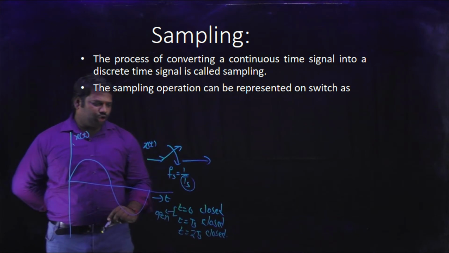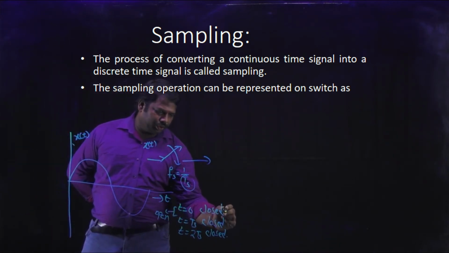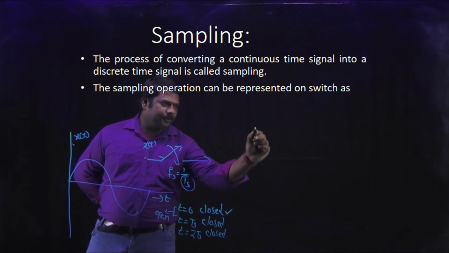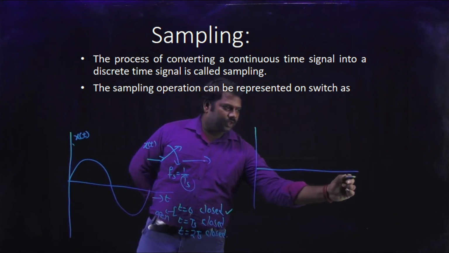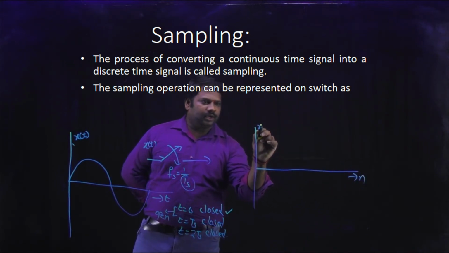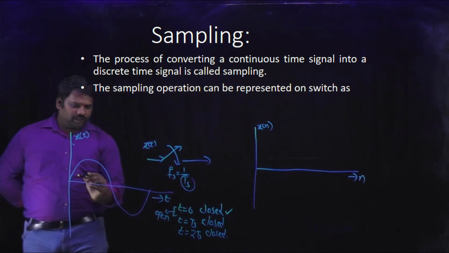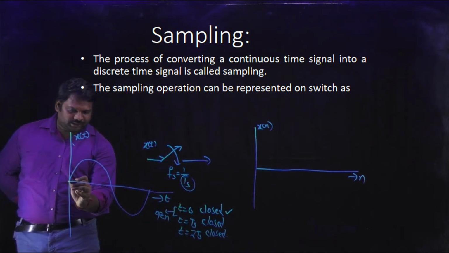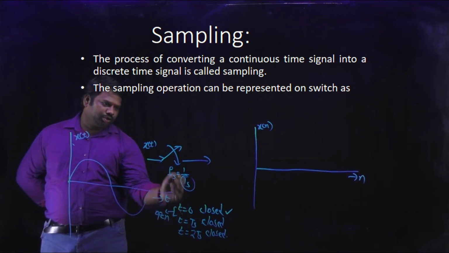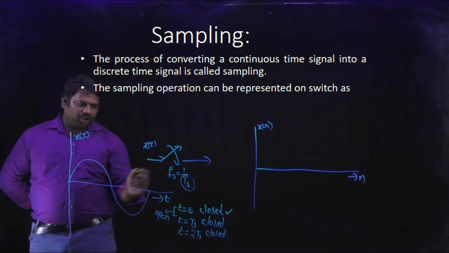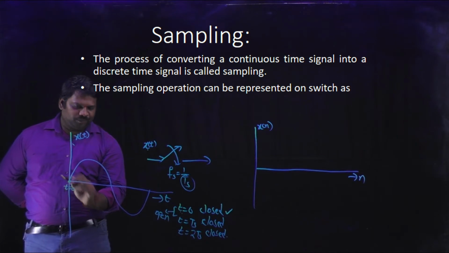For example, if we start with the switch closed at t equal to 0, this is how we'll get the discrete time signal. At t equal to 0, the switch is closed, therefore the value of x of t at t equal to 0 will be produced as the output of the switch. That is x of nTs, which is equal to the sampled version xs of t.